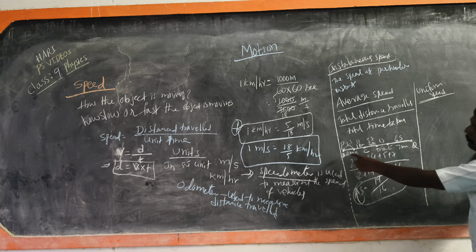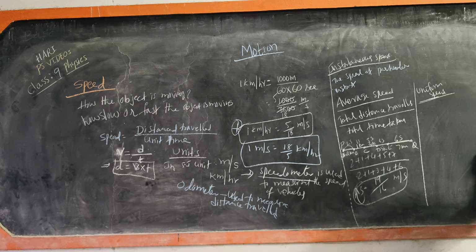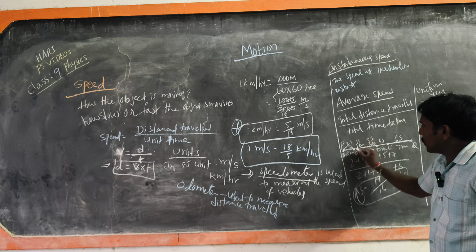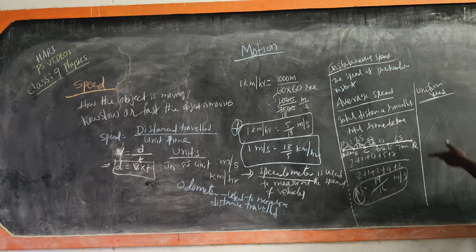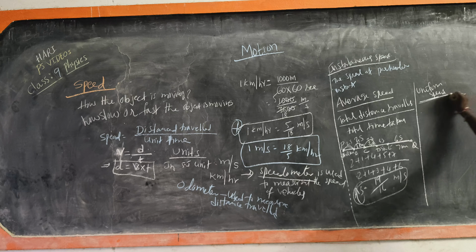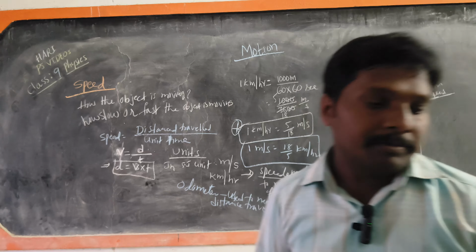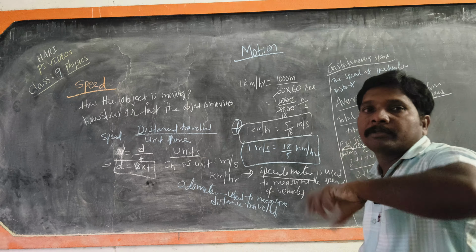If the object covered the same distances in the same intervals of time, for example 2 kilometers in 2 seconds each time, then you can say the object has a uniform speed.